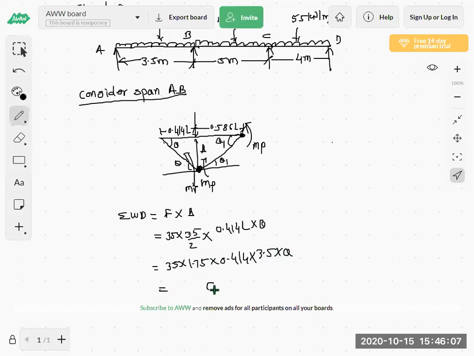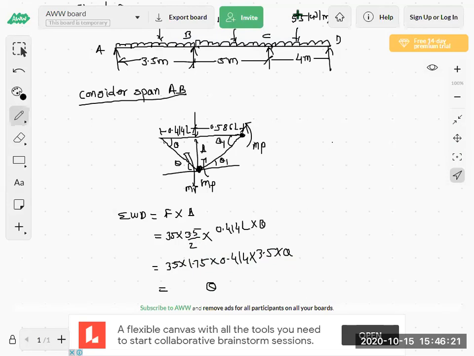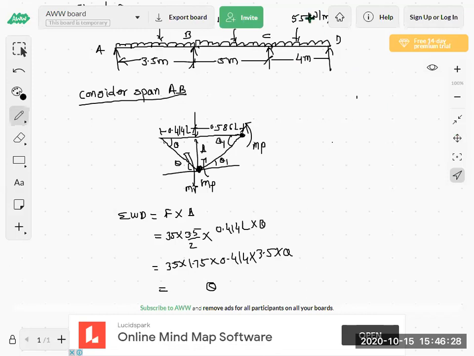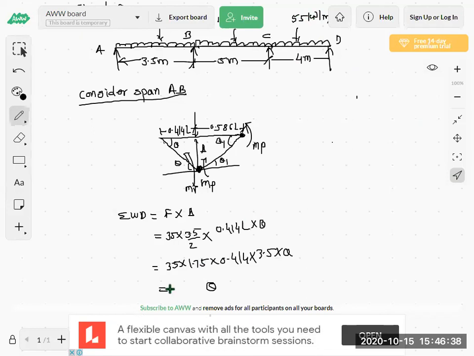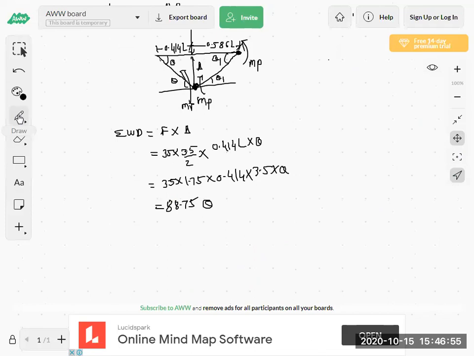Tell me this value in terms of theta. It is 88.75 theta. Sadiq, correct. 88.75, correct.